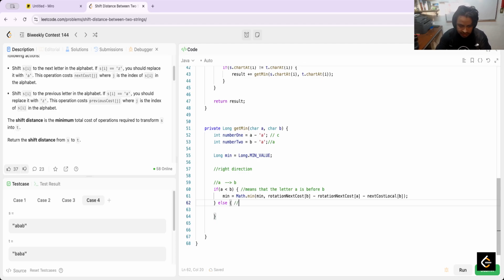And now the case is, for example, when C and I want to reach the, sorry, D, and I want to reach the letter B. Means that we need to come back at the beginning.